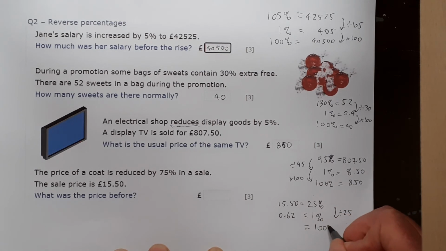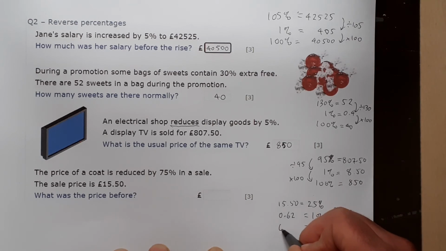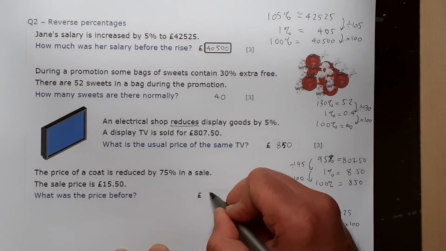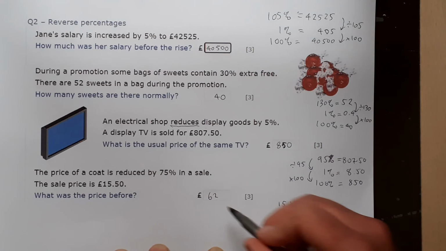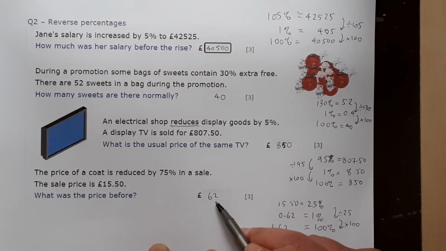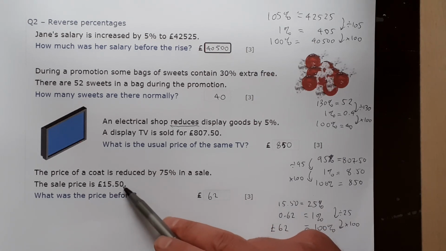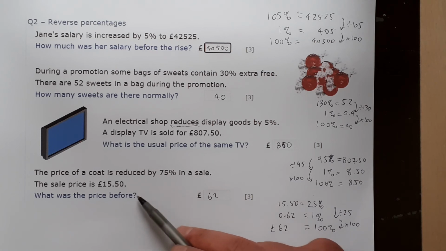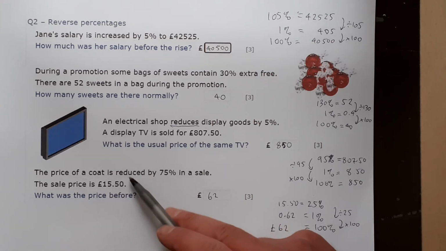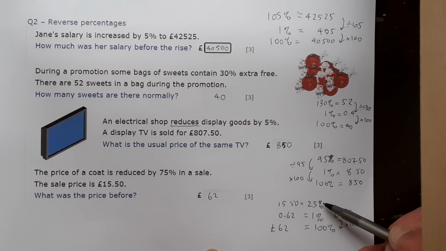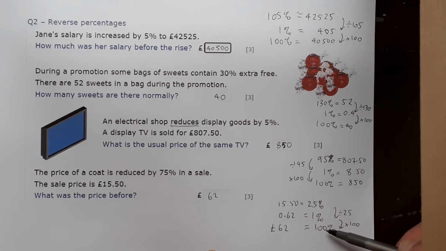So 100% by timesing by 100 is £62. Let's check. If I reduce that by 75%, I'm taking 3/4 of that away. Taking 3/4 of that away is going to leave me with £15.50. I can't do it by adding 75% onto that. I've got to say that that's 25%, find 1%, and then go from 1% to 100%.